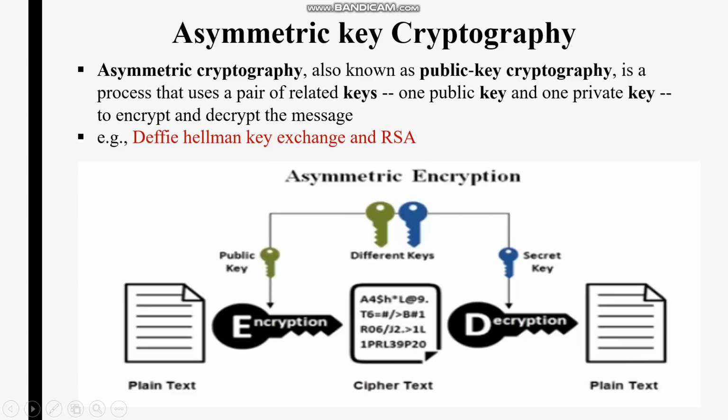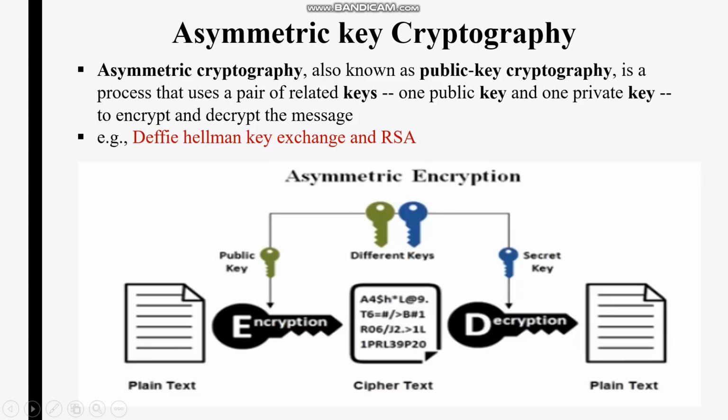Now, what is asymmetric key cryptography? Asymmetric key cryptography is also called public key cryptography. It is a process that uses a pair of related keys, a public key and a private key, to encrypt and decrypt the message. So while performing encryption and decryption, two different keys are used. One is the public key and one is the private key.